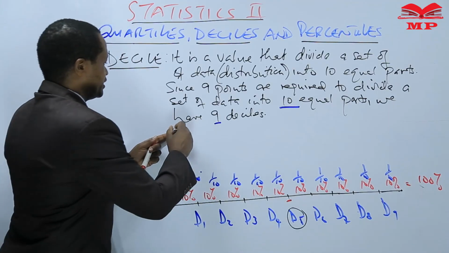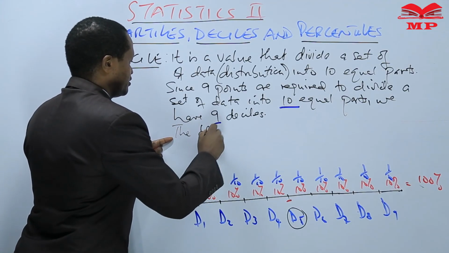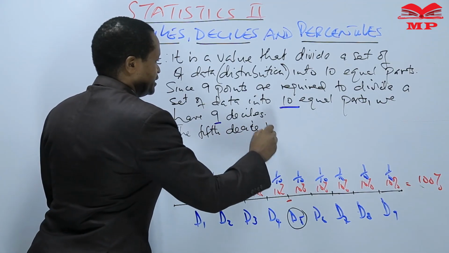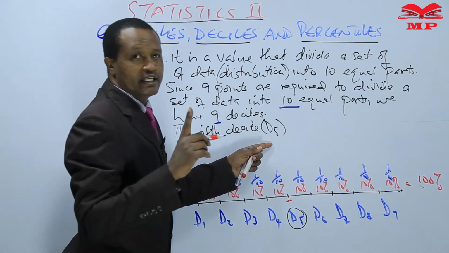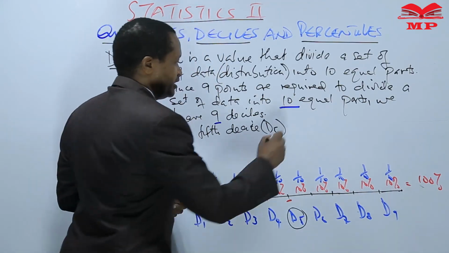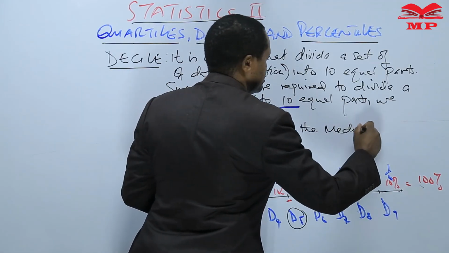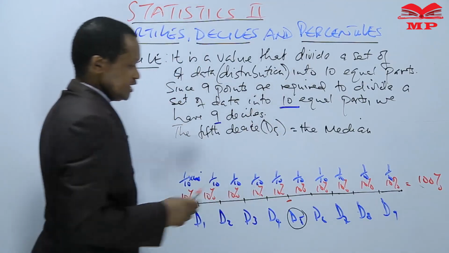The fifth decile, that is D5, is equal to the median. It is the same as the median.